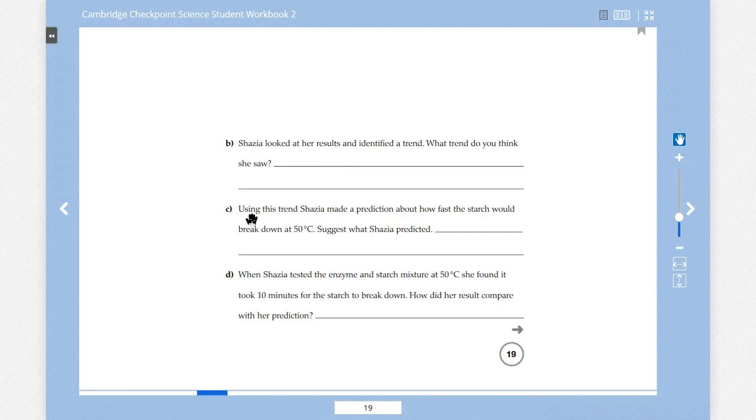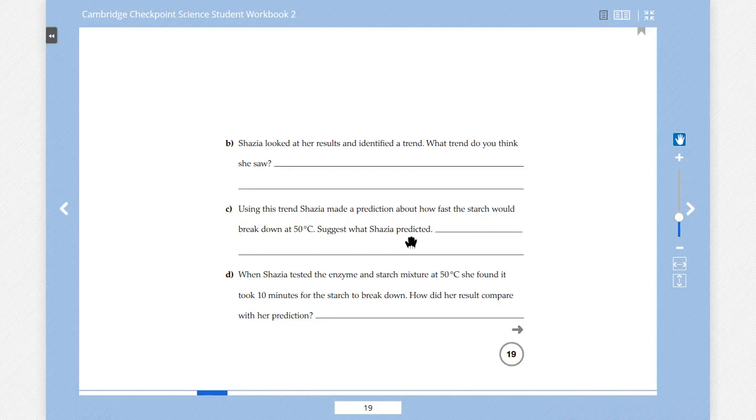And for part C, using this trend, Sazia made a prediction about how fast the starch will break down at 50 degrees Celsius.